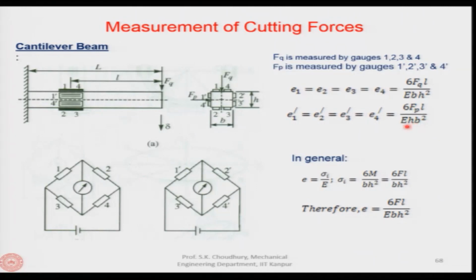And the only thing is here it will be E into h b square, because it is on the other side. All right. So, this is the principle which is used in measuring the force through the strain of a cantilever beam.